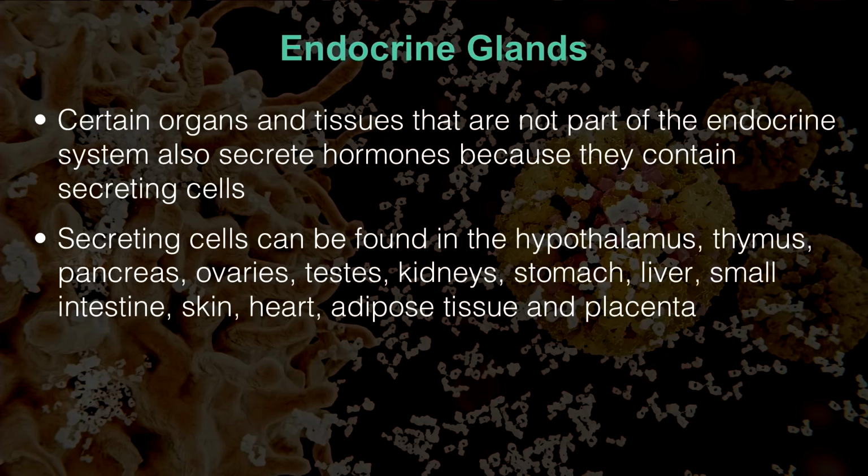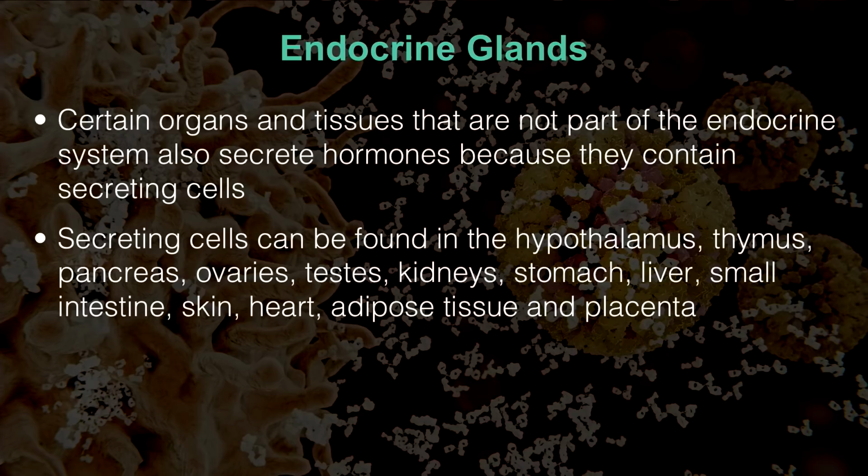It has to go all the way through the heart to the lungs, where it's converted by lung tissue into an active form, and then it circles back to the kidneys where it helps reabsorb fluid.